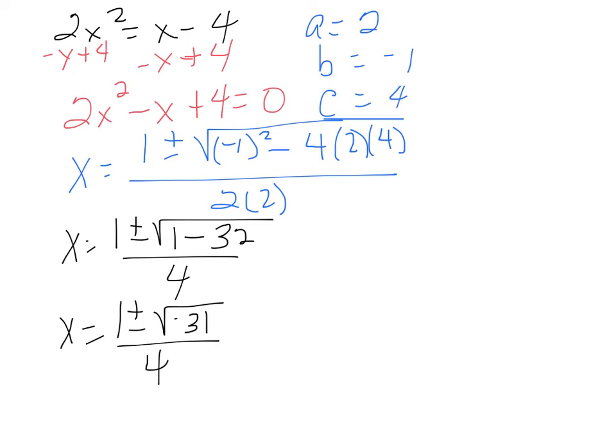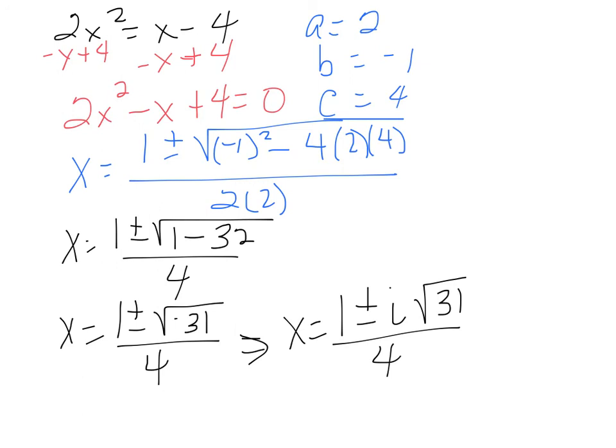negative 31. Anytime you have a negative under the square root, what do you do? That's right, pull out that i. So now I end up with x is equal to 1 plus or minus i square root of 31 over 4. Now, you can break this up or you can leave it together. I think in some of these problems in this section, MyMathLab has multiple choice, so you can just leave it like that.